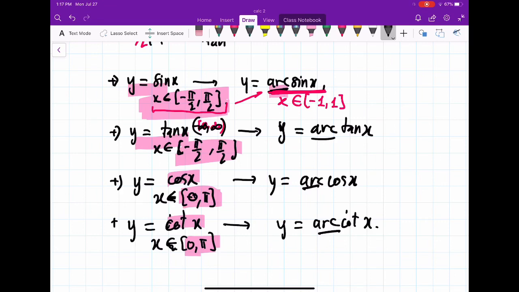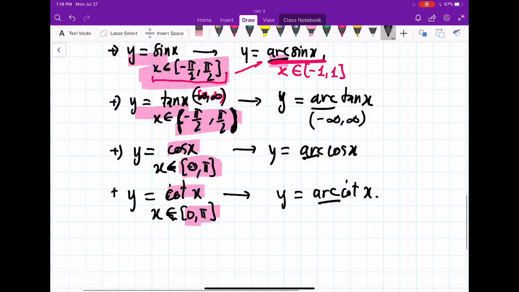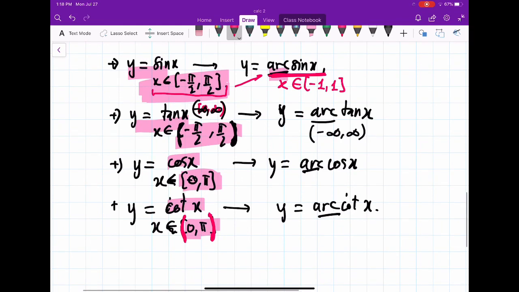So arctangent is defined on negative infinity to positive infinity. Okay, of course we don't have negative pi over 2 and pi over 2 in here, because that is two points, right? The function is not defined there. And similarly, cotangent is also not defined at 0 and pi. The limit at 0 and pi should be infinity. Okay, fix that for me, please.